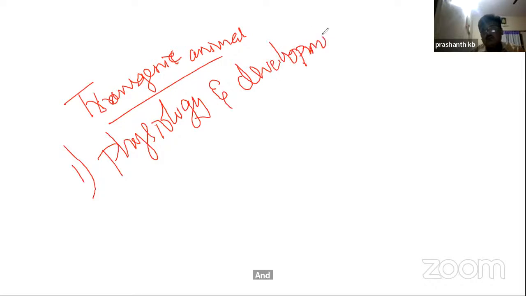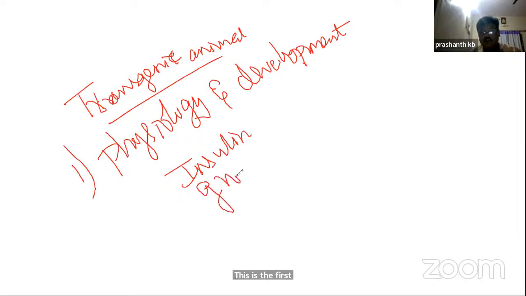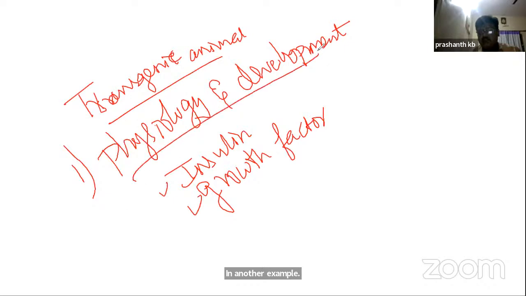So this is the first use. And here, one important thing the book has given: the insulin example, and another example, growth factor. So these 2 points are very important under this heading.